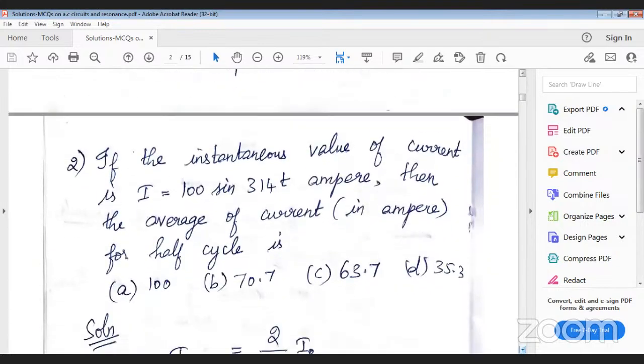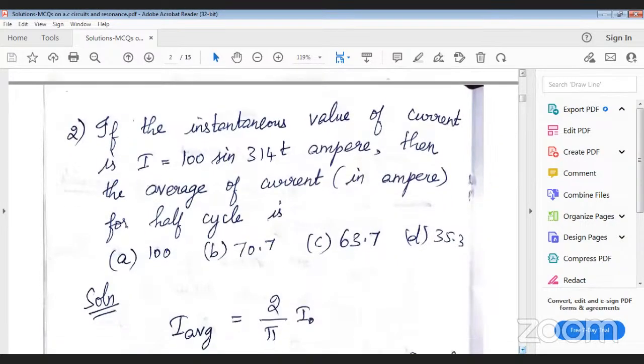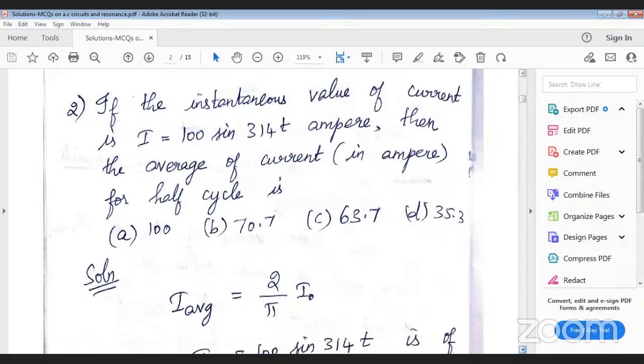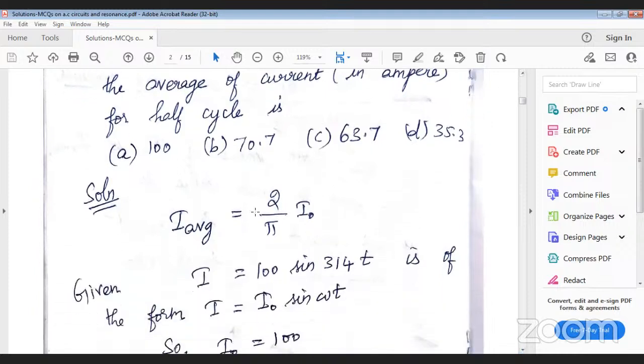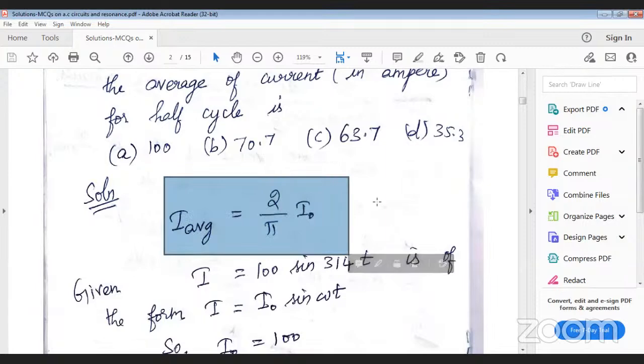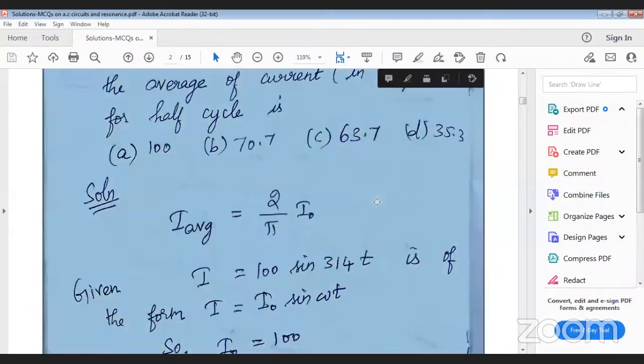The second question is: if the instantaneous value of current is I equal to 100 sin 314 t ampere, then the average current in ampere for half cycle is, and we have been given 4 options. For the average value of current we have the standard equation, I average equal to 2 by pi into I naught, where I naught is the amplitude.